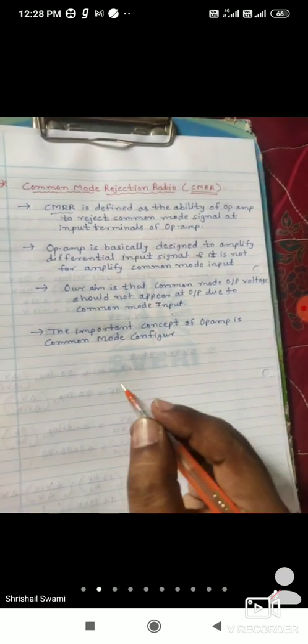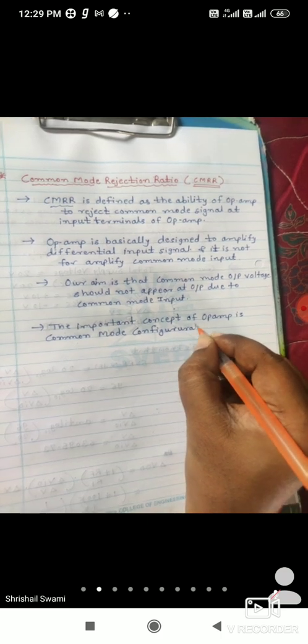In the common mode configuration, both input signals V1 and V2 are the same, but even though both are the same, there exists some common mode signal. That mode is called the common mode configuration. So I will draw the figure which shows the common mode configuration.